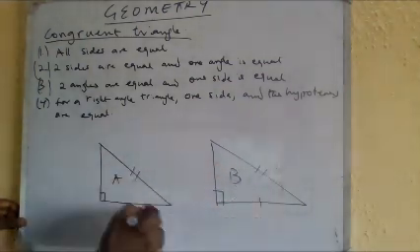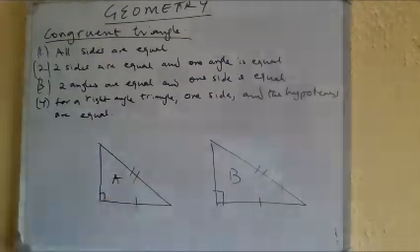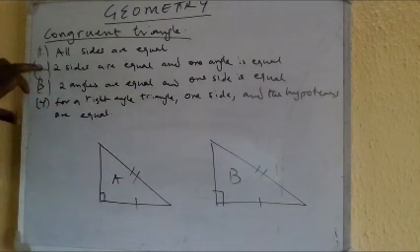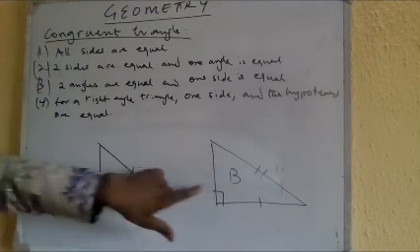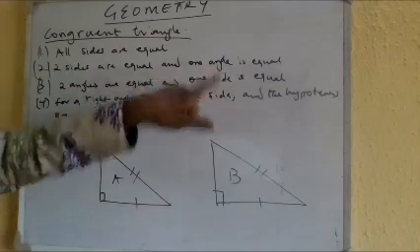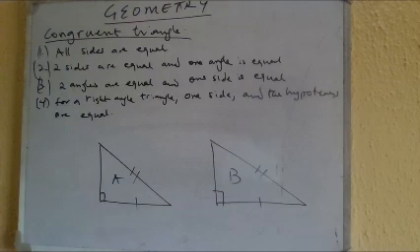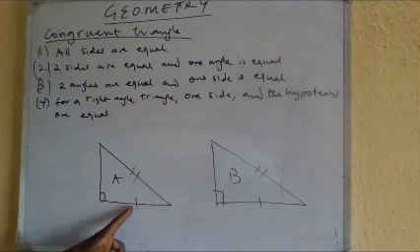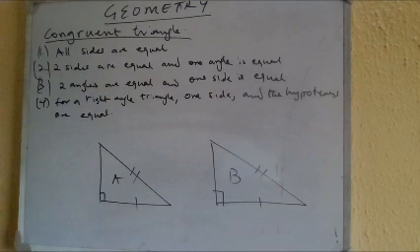Technically speaking, we are using condition 2 to describe this. It fits in because one angle is already the same and two sides are the same. So for right-angle triangles, if the hypotenuses are the same and one of the sides is the same for the two of them, the right-angle triangles are congruent.